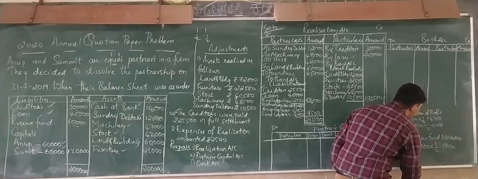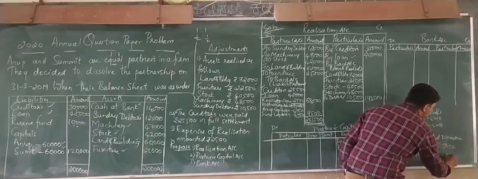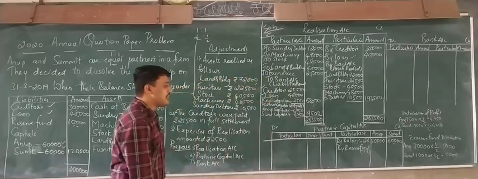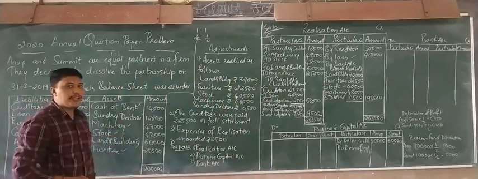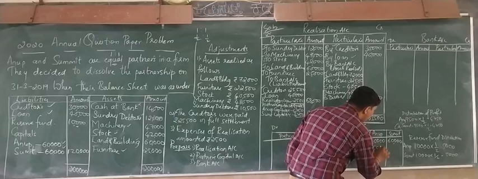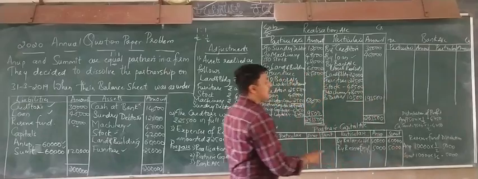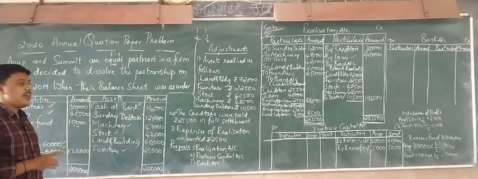Similarly for Sumit, 10,000 into 1 divided by 2, 5,000. So the value is 5,000 and 5,000. I just need to record that. So the total value of the reserve fund should be distributed according to the profit sharing ratio. So they have distributed the reserve fund according to the ratio of the partners.